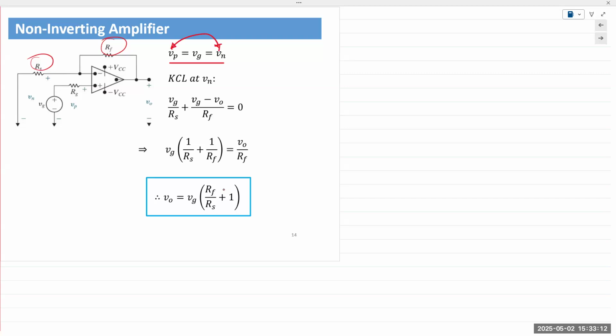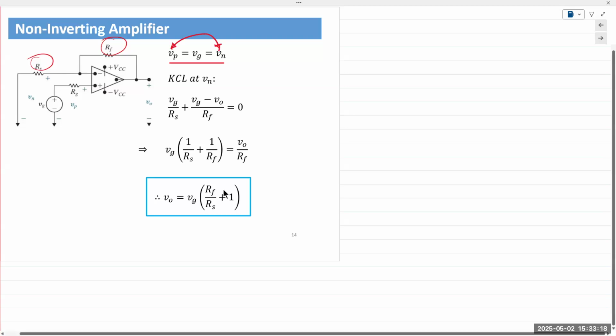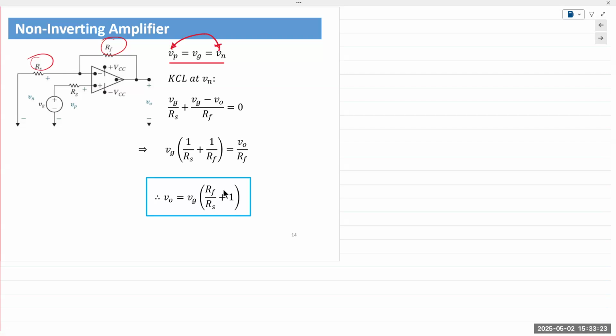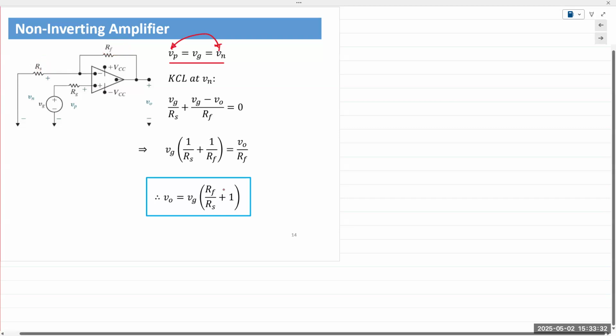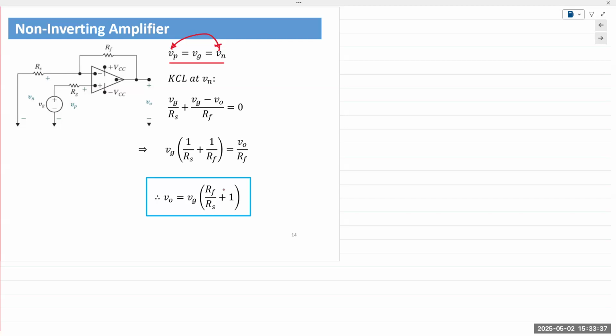All right, so you apply KCL at the top node, the inverting terminal. You have two currents. You have one current going in via the feedback path. The other one is going from RS. And so both those currents sum up to be 0. In this case, because this is connected to ground, you can say current is flowing in this direction, and then it's coming through RS and going to ground.